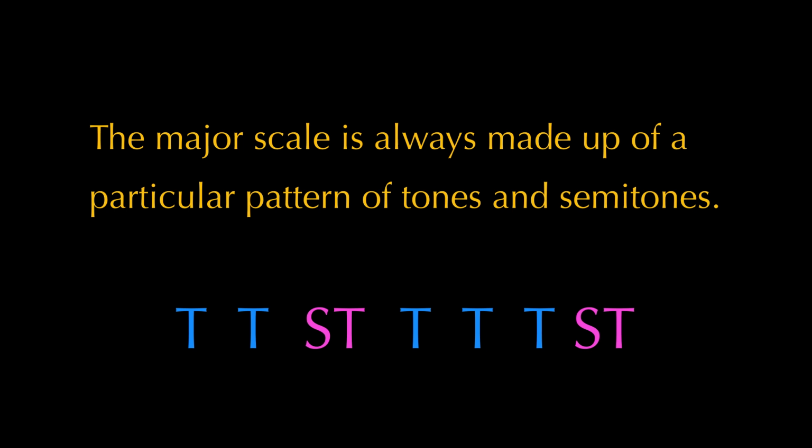And the pattern goes like this: tone, tone, semitone, tone, tone, tone, semitone. And that pattern holds true for every major scale, regardless of whether you're starting on C or D or F sharp or B flat or anything like that.